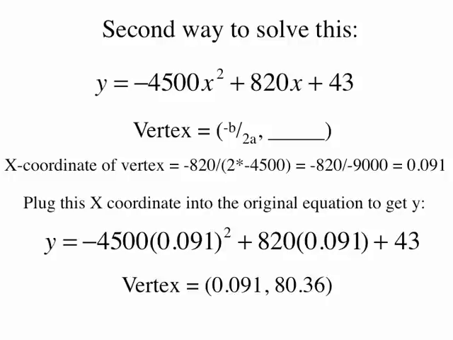One way we can solve this is to enter this function into our graphing calculator. We'll enter the function y equals negative 4500x squared plus 820x plus 43. So we enter this into our graphing calculator, and we're going to use the maximum selection from the calc menu to find the coordinates of the vertex.